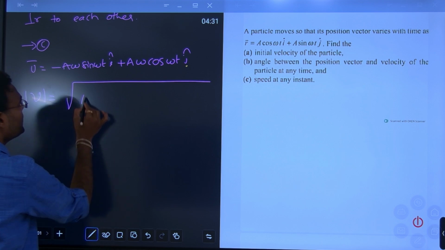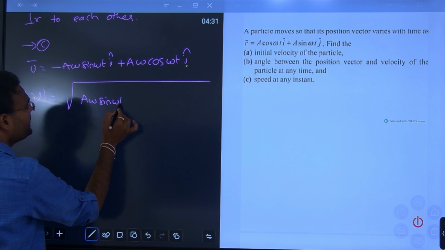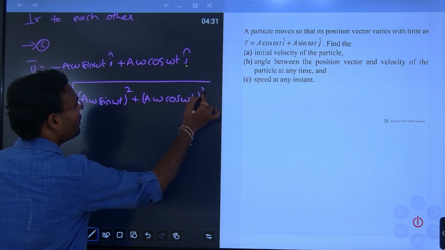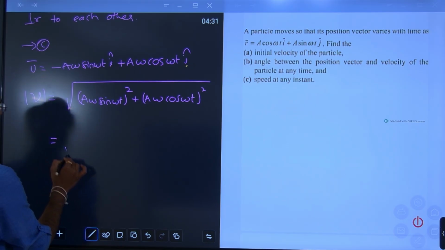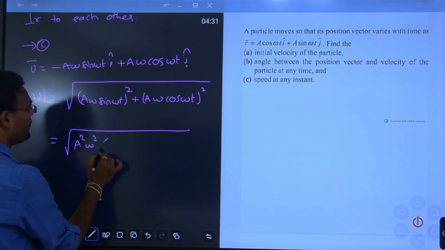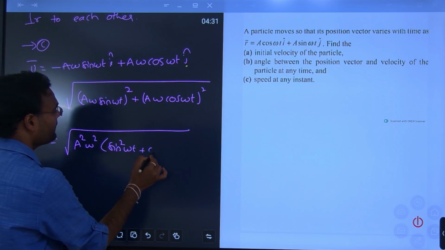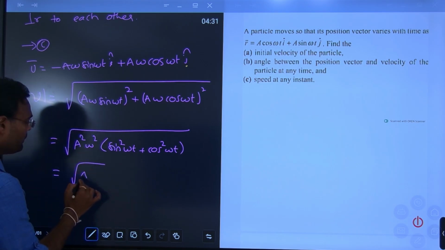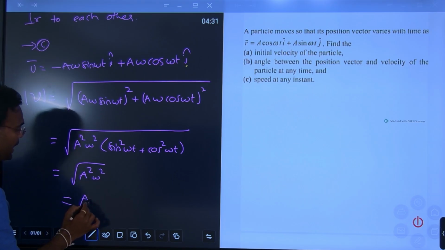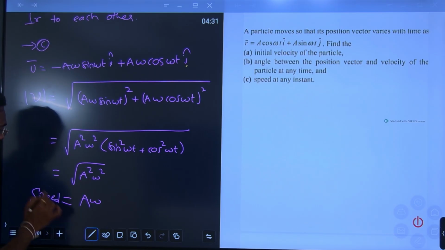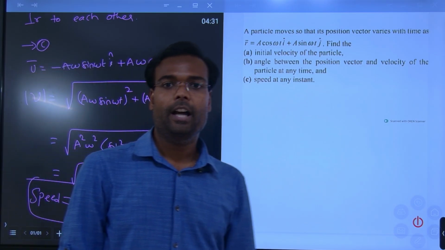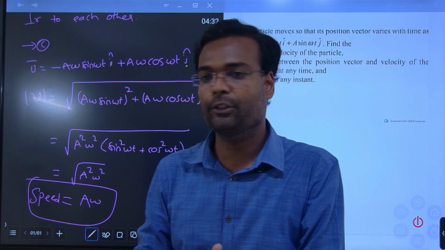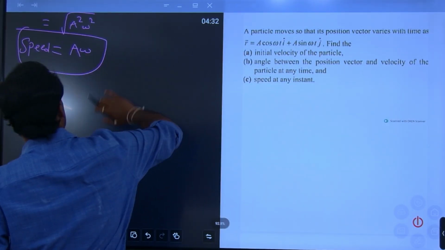That means the square root of a omega sin omega t whole square plus a omega cos omega t whole square. That means a square omega square times sin square omega t plus cos square omega t. Now this will be the square root of a square omega square, or a omega. This is the speed. I discussed the concept which we covered in our last class also, to improve the strength of the concept.